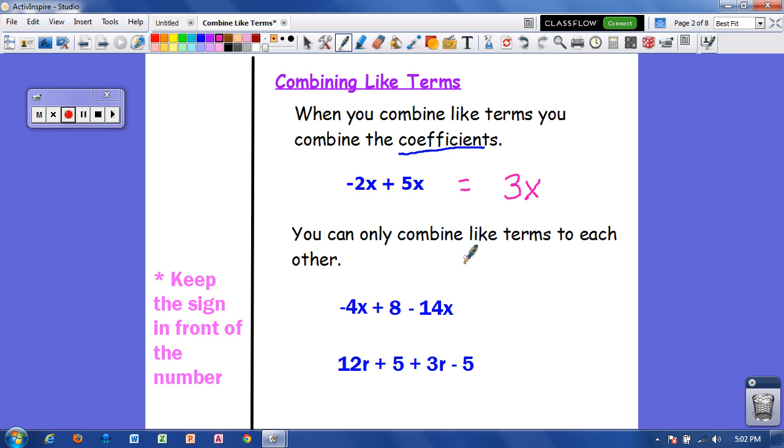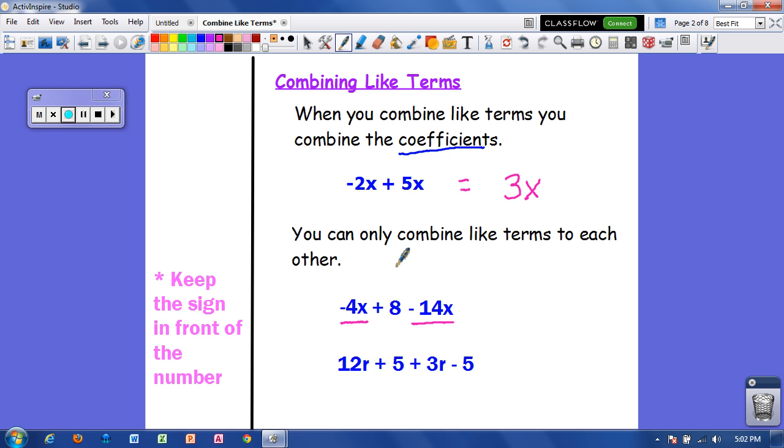Now, you can only combine like terms to each other. So, as you can see here, we have a negative 4x plus 8 minus 14x. So, the two numbers that are going to be like terms, that's going to be negative 4x and then this minus 14x. So we can combine these two, but we cannot combine 8 with those because 8 does not have an x behind it.